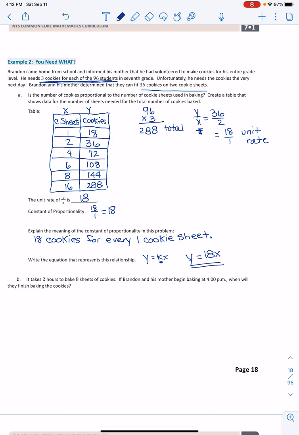So now it says it takes 2 hours to bake 8 sheets of cookies. If Brandon and his mother begin at 4 p.m., when will they finish baking cookies?